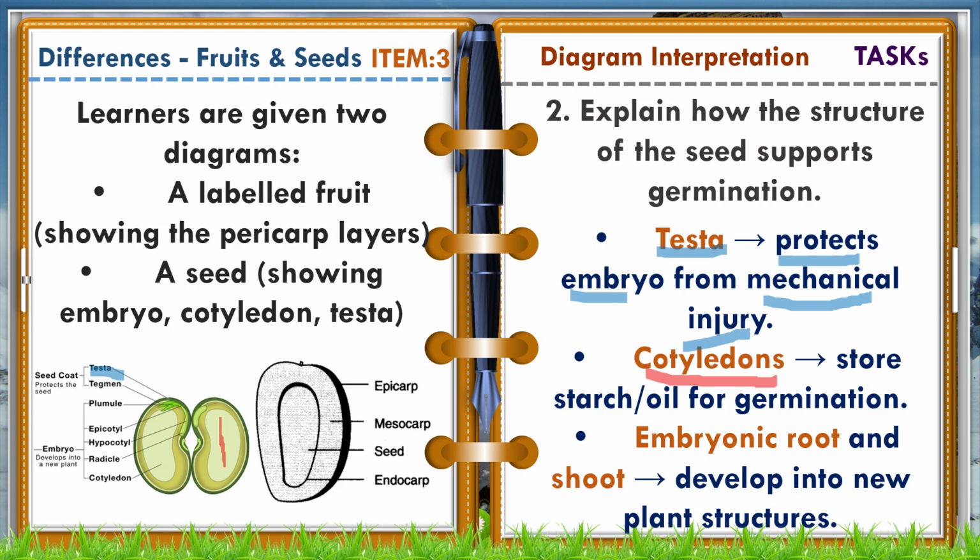The cotyledon, this one stores starch and oils for germination. Then it has got the embryonic root and shoot, the embryo. This develops into a new plant structure. Embryo is where we have the plumule and the radicle. That's the embryo.